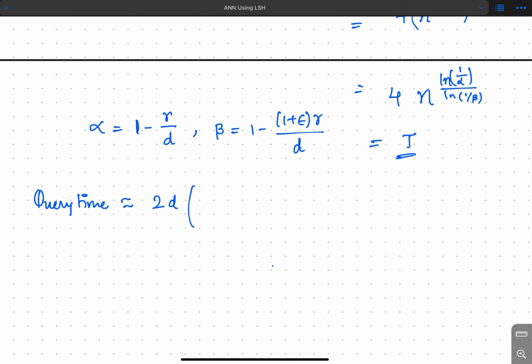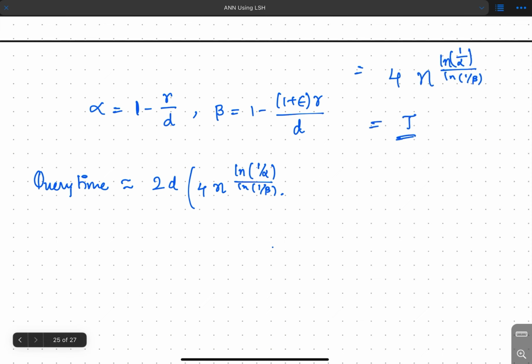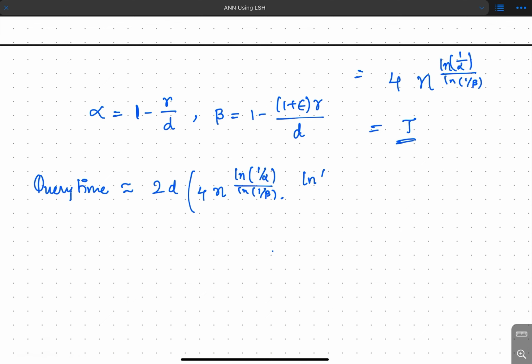So 2 times d times tau is given by 4n ln 1/alpha by ln 1/beta times k, where k is chosen to be ln n by ln 1/beta.